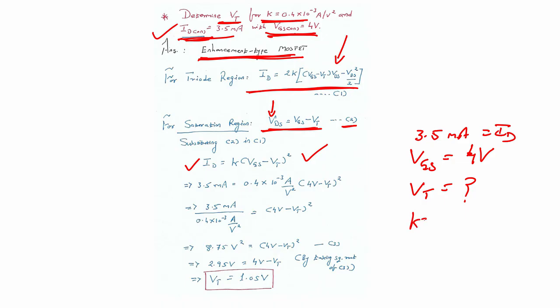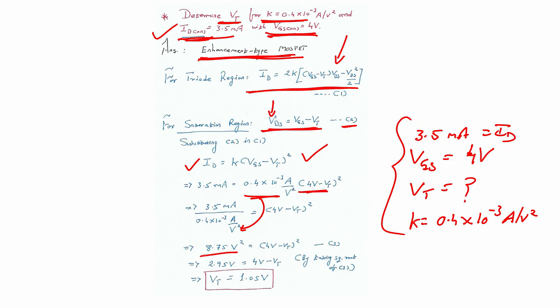K is also given, 0.4 into 10 to the power minus 3 ampere per volt square. Everything is given. So, if I substitute the value 3.5 equals to this value, I will have this particular equation, and I will solve it.